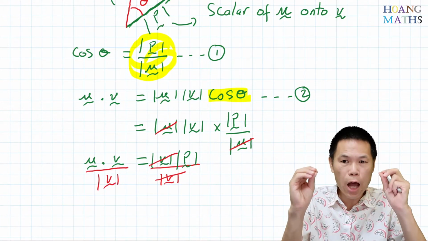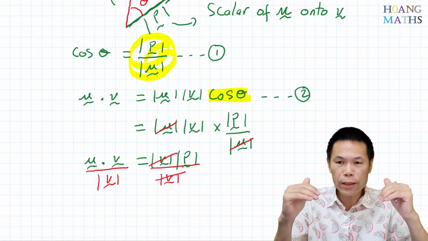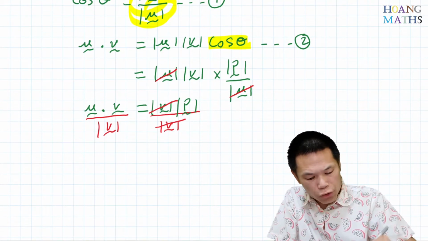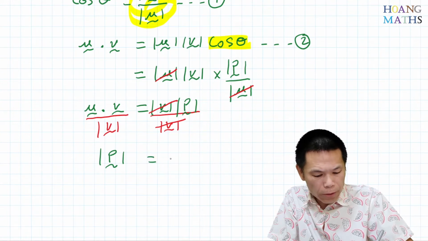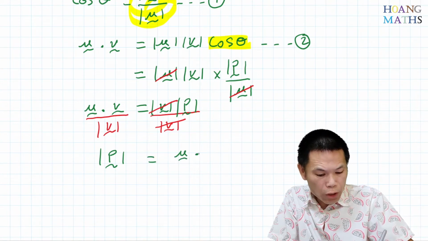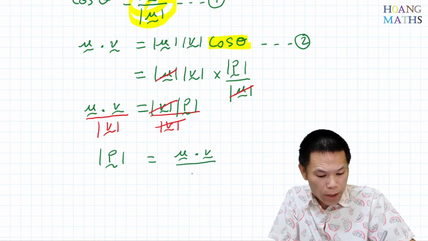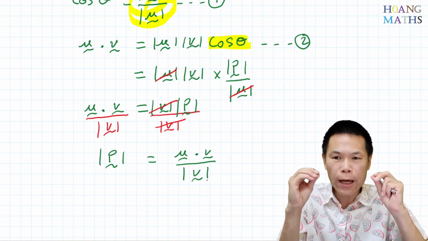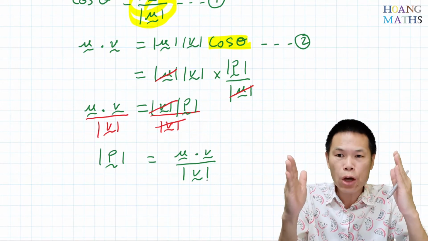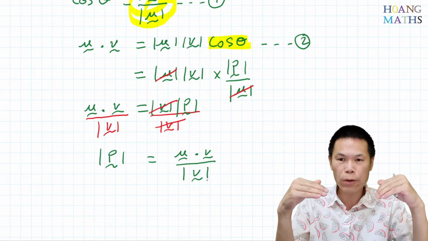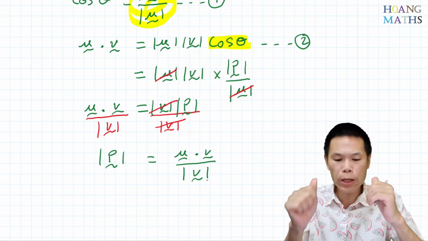Therefore, the scalar of the vector u onto vector v, that is magnitude of p, is equal to u dot v over magnitude of v. So please keep that in mind.